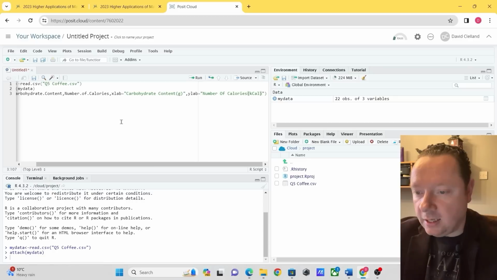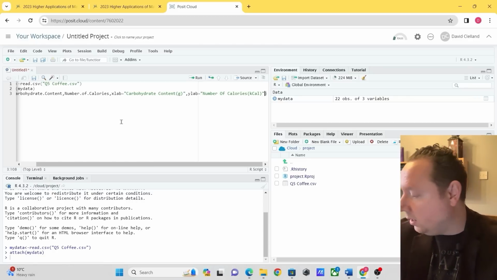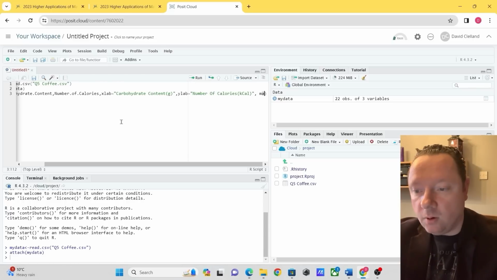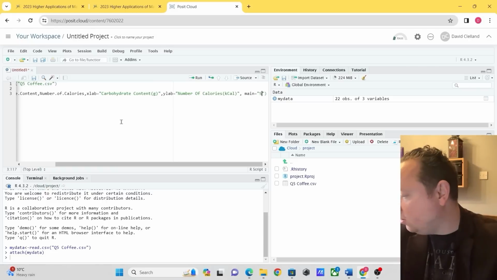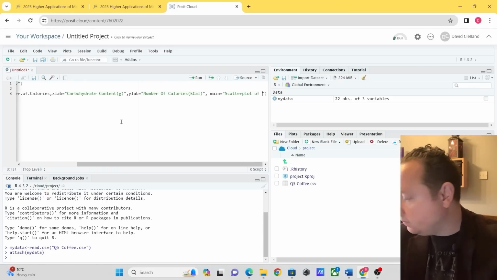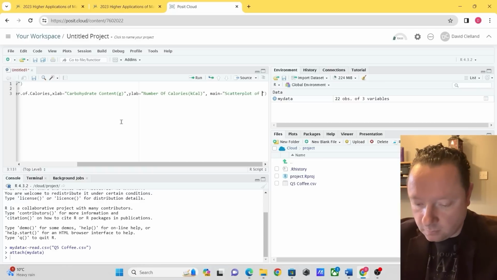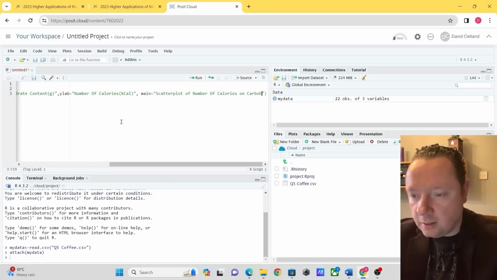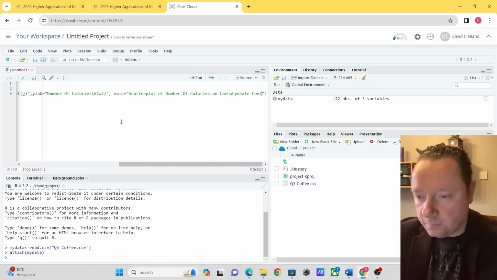Okay, the next stage is to get our title. So to get our title, we put comma, space, main equals scatter plot of number of calories on carbohydrate content.